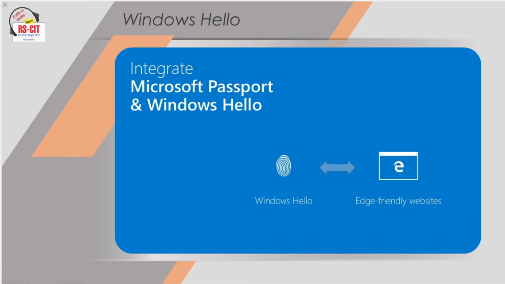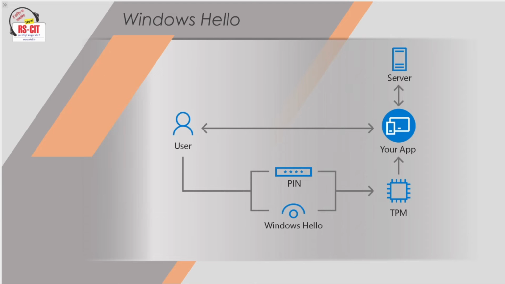Windows Hello. Windows Hello is a more personal way to sign into your Windows 10 devices with just a look or a touch. You'll get enterprise grade security without having to type in a password. Windows Hello, part of Windows 10, is a new way to sign into your devices, apps, online services and networks.